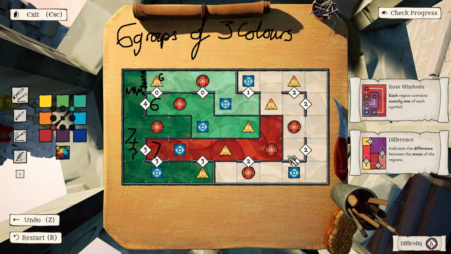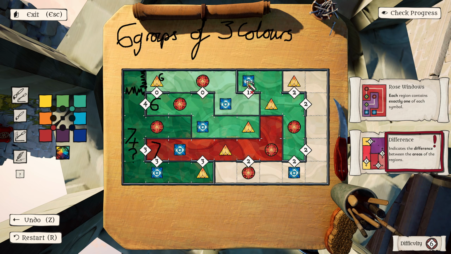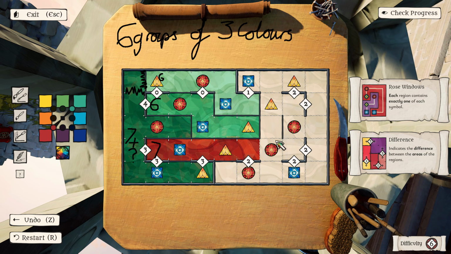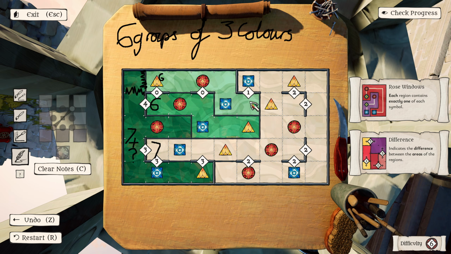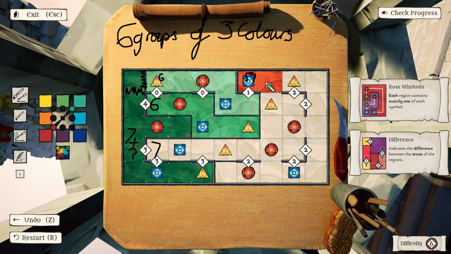Could it be this? I've been neglecting entirely this being a 6, a 5, 7. 1, 2, 3, 4, 5, 6, 7.